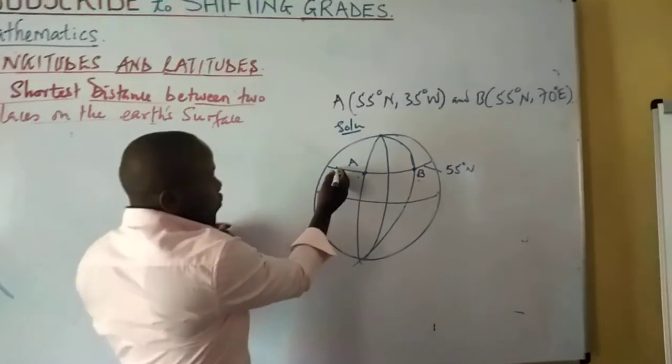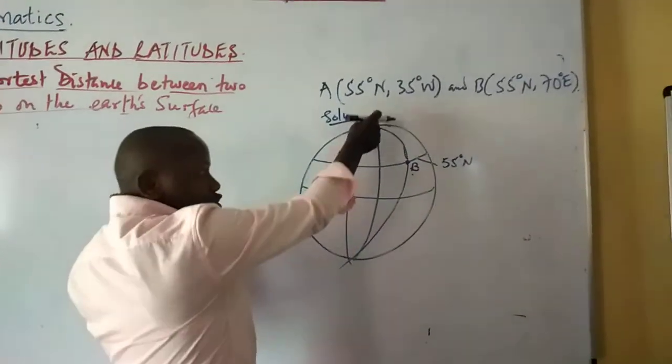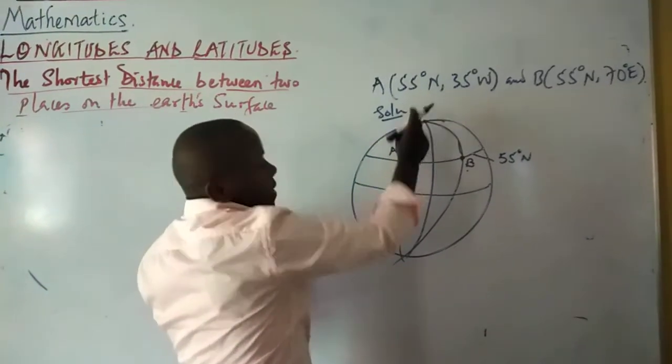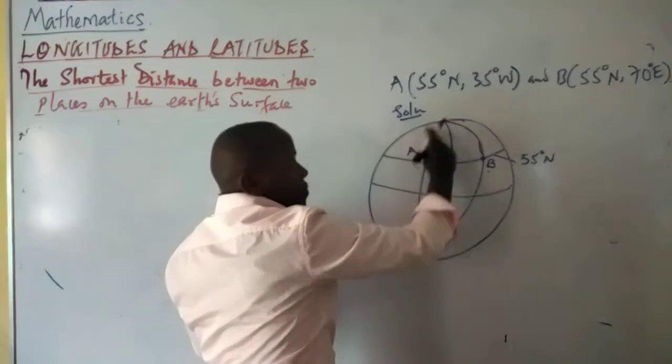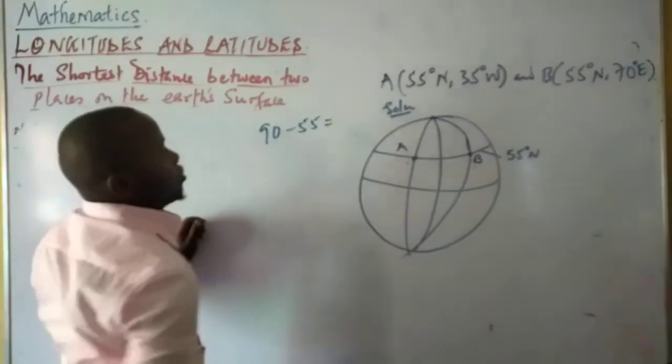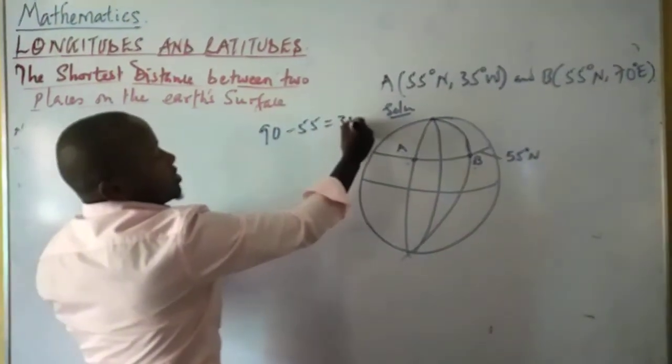We can solve it and say from A, which is at 55, to the North Pole, which is 90 degrees. Then the difference from 55 to 90 is 35 degrees.